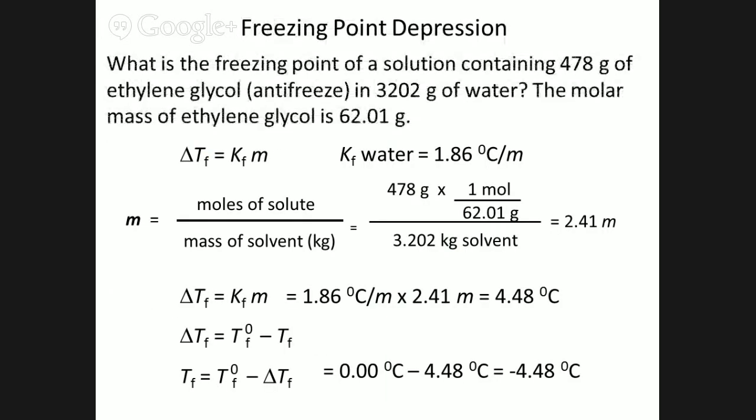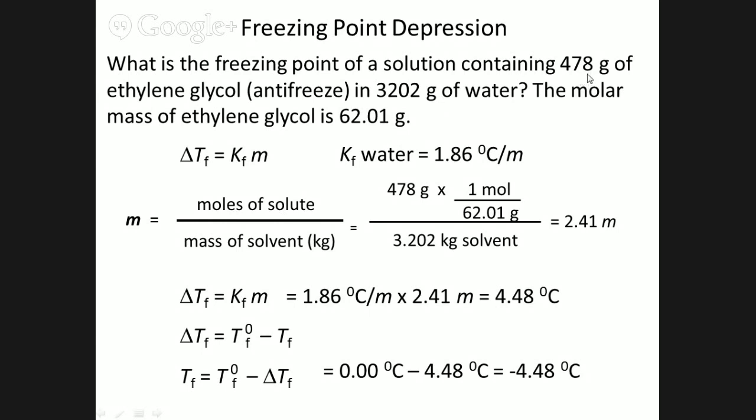Here is an example of the calculation. Don't worry about copying it down. Freezing point depression. What is the freezing point of a solution containing 478 grams of ethylene glycol antifreeze and 3,202 grams of water? So, just like in a previous problem for molarity, we need to make moles.